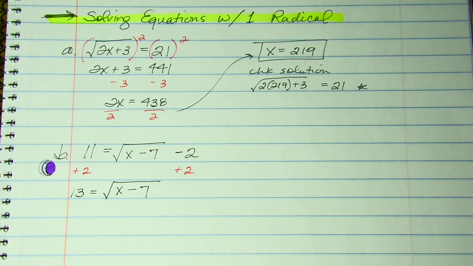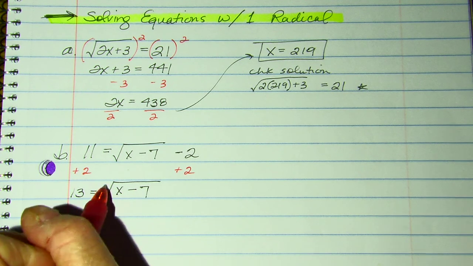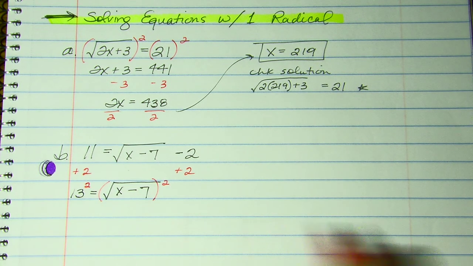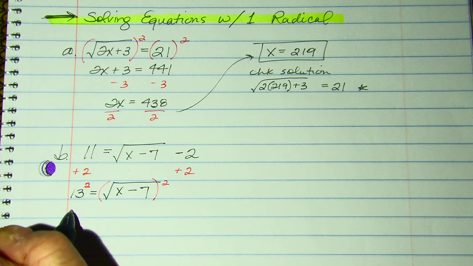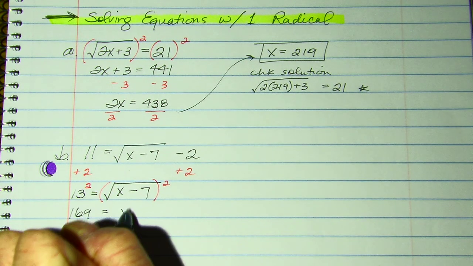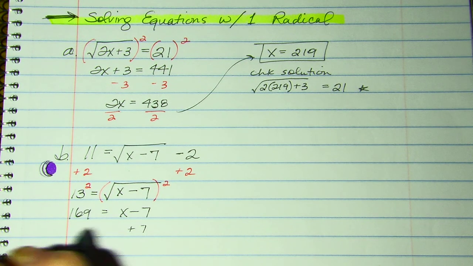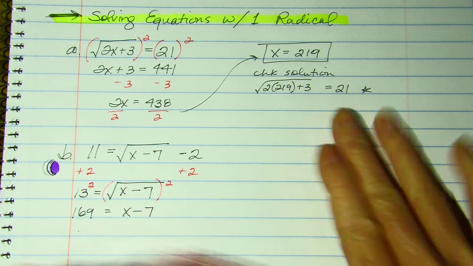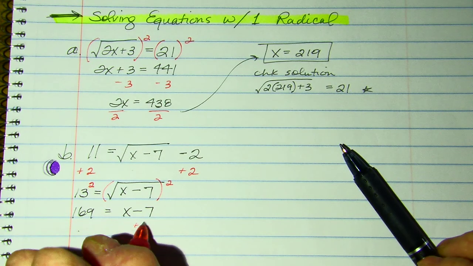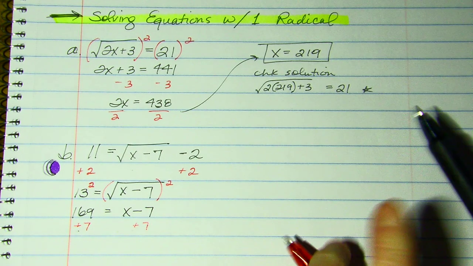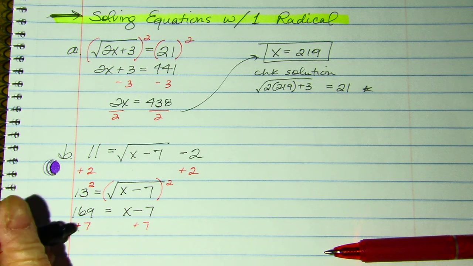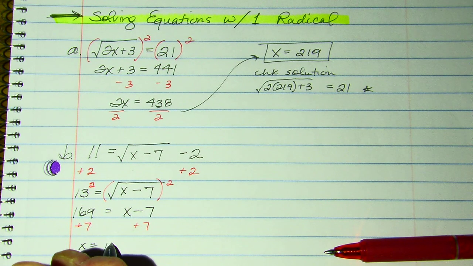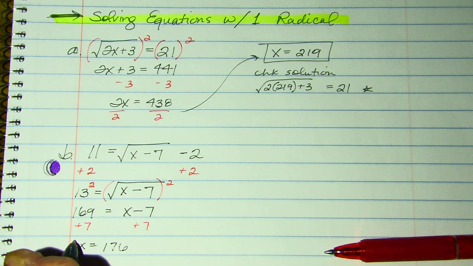Now the inverse of a square root is to square, and I'm going to do that to both sides. So I get 169 is equal to x minus 7. I'm trying to color code so you can see the difference between the solving part and my work. So I get x equals 176.